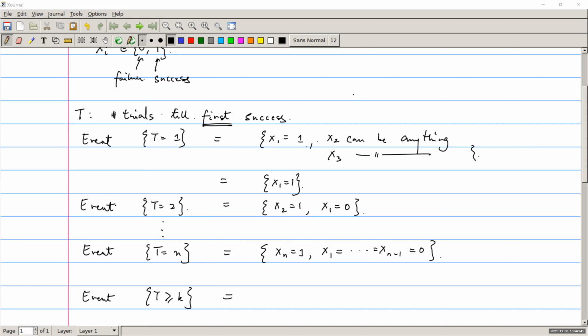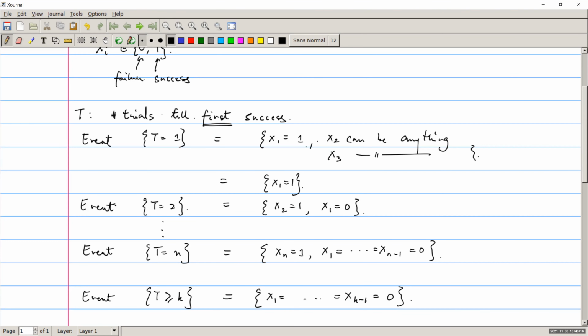How do we succinctly write this event? We must have X1 through Xk minus 1 equal to 0. As long as we have failed in the first k minus 1 attempts, the time till the first success is greater than or equal to k. Does that make sense?